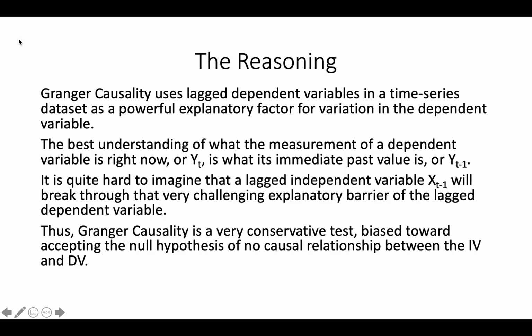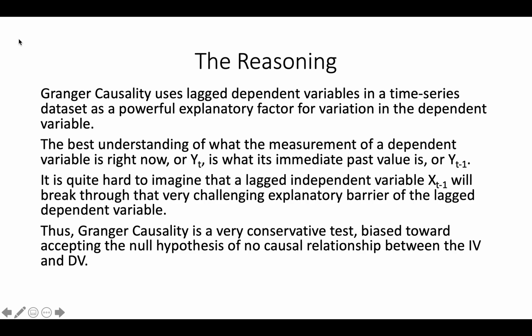In other words, on the right-hand side of the equation, we find the measure of the dependent variable from the previous time period. Now that is a very powerful explanatory factor if we're trying to account for variation in the dependent variable. After all, the best understanding of what a measurement at time t might be would be for that variable's measure at time t minus 1.